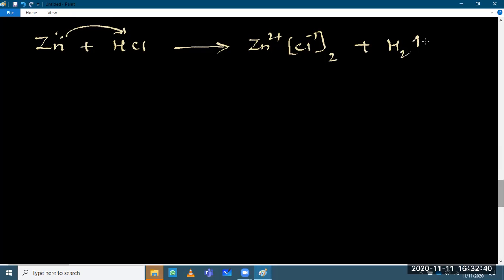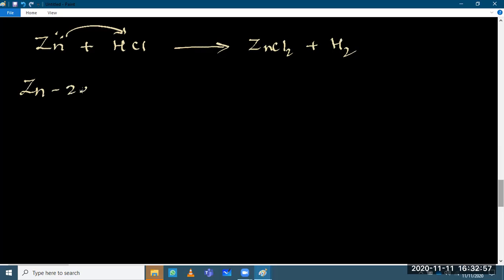Hydrogen gets converted into a gas. This is the product you will get, zinc chloride plus H2 gas. But how to express the reaction? Zinc donates 2 electrons and becomes a Zn2+ ion.